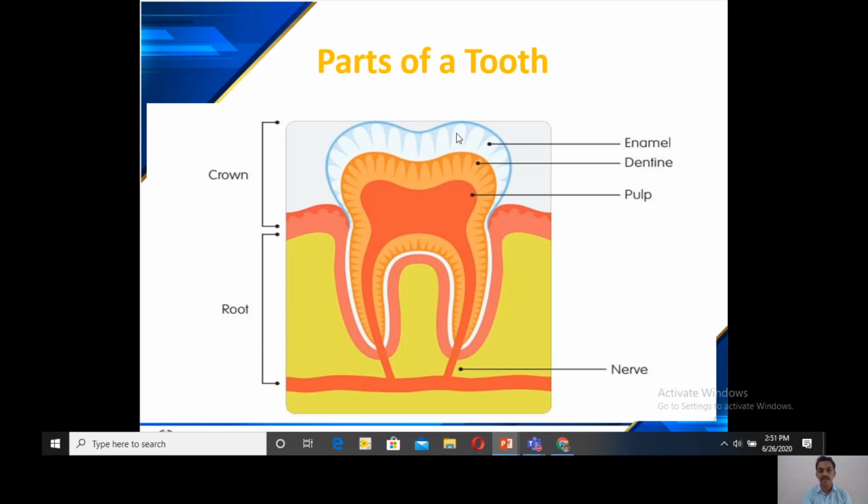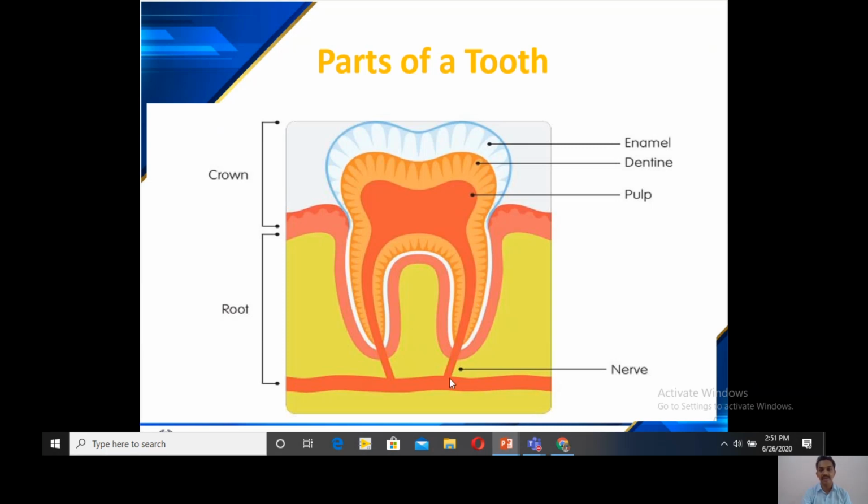There is one top layer. Here you can see another layer and one more. The top one is called enamel. The second part is called dentine and the third one is called pulp. All these three together are called the crown.